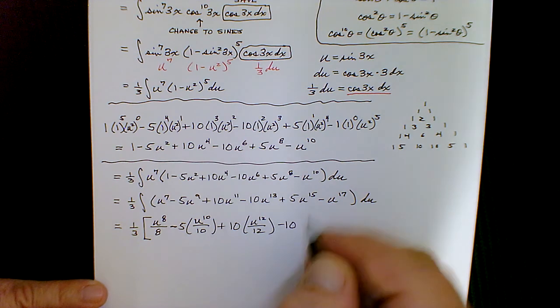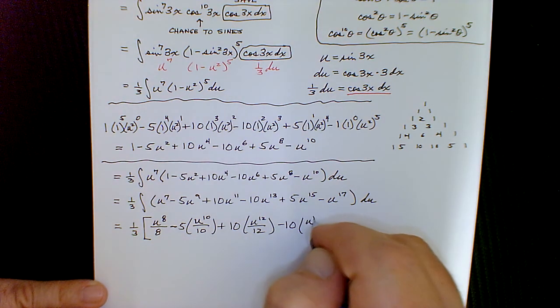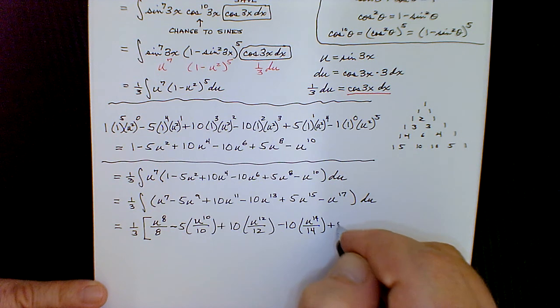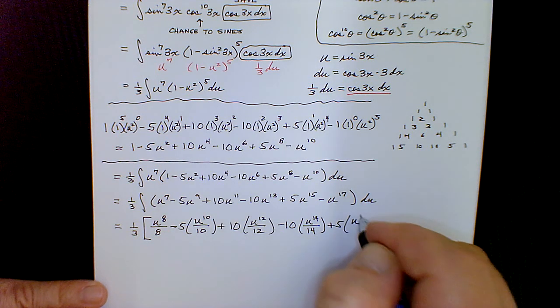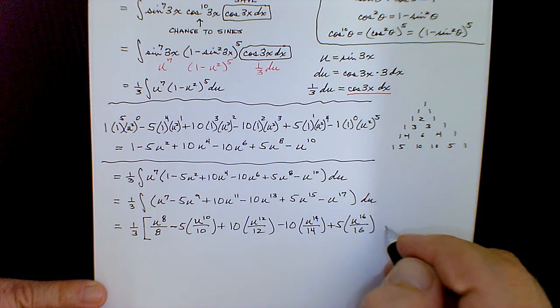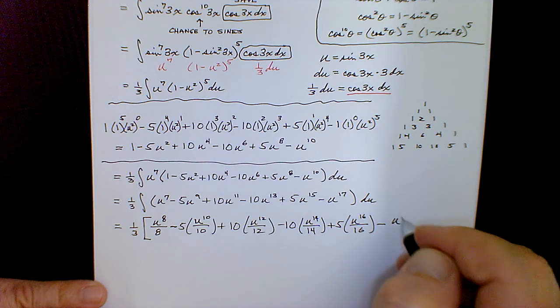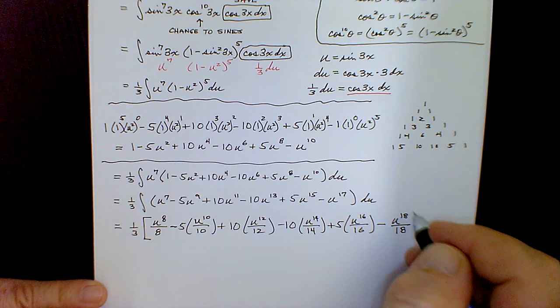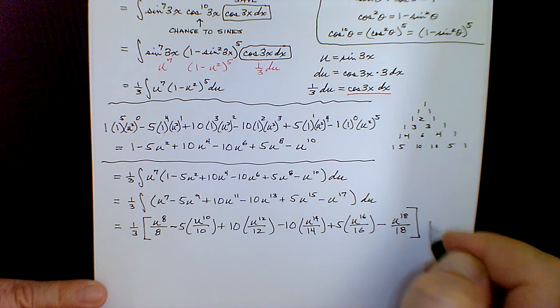To the next term, negative 10, u to the 13th integrates to be u to the 14th over 14. Next term, plus 5, u to the 15th integrates to be u to the 16th over 16, and finally minus u to the 17th integrates to be u to the 18th over 18. Close up my brackets, add the constant.